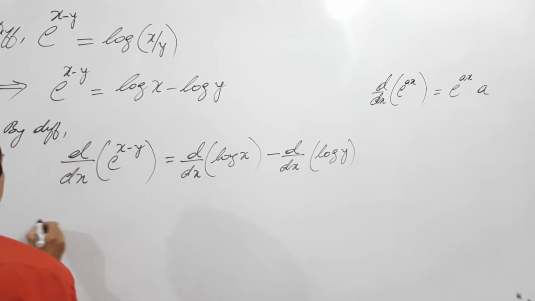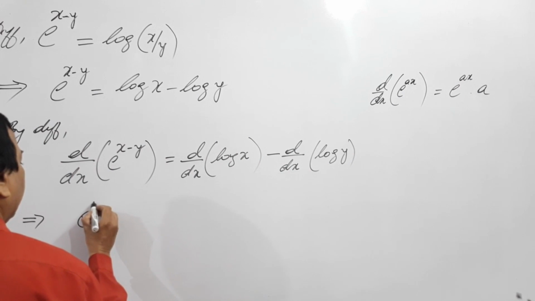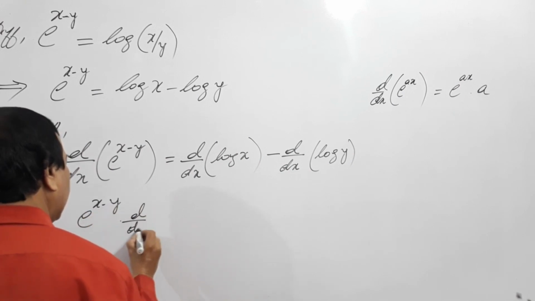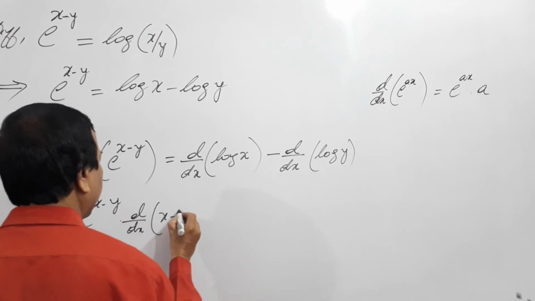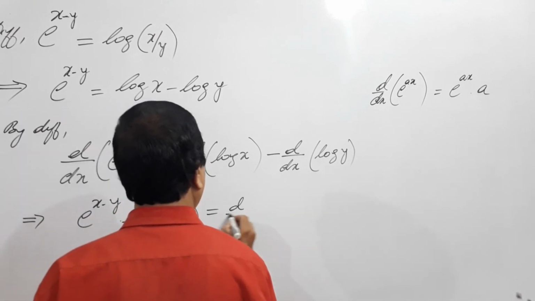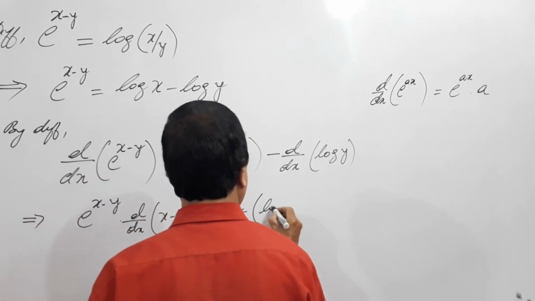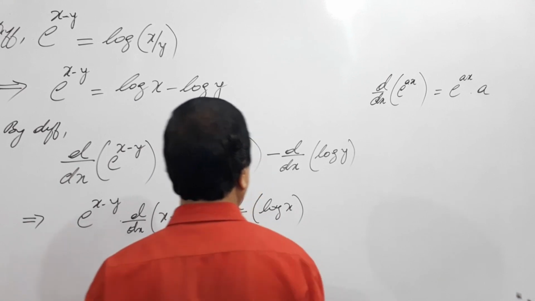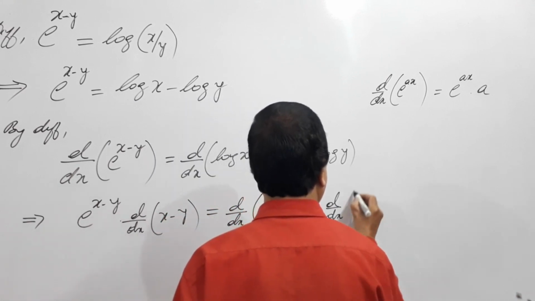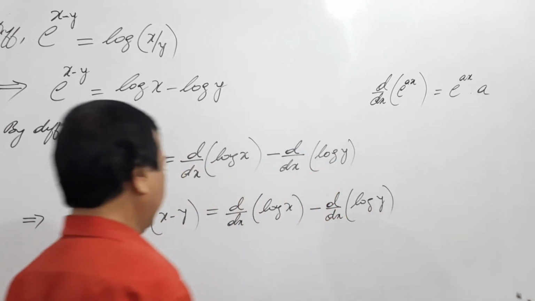So this means what? e to the power of x minus y into d by dx of x minus y equals to d by dx of log x minus d by dx of log y.